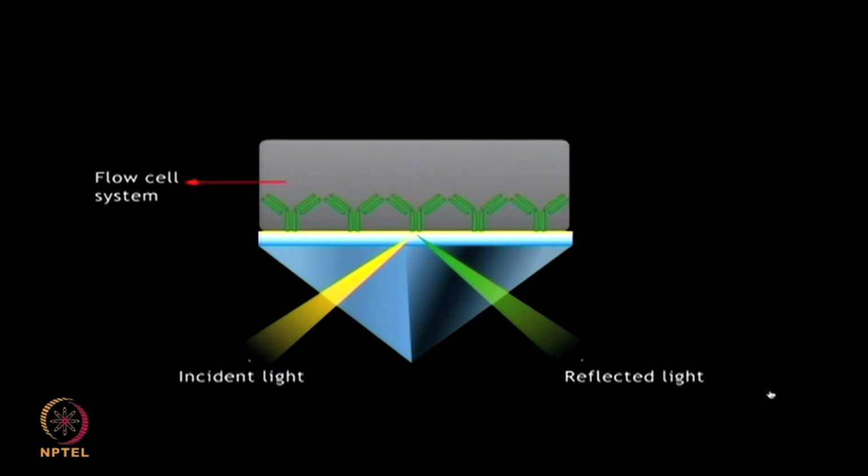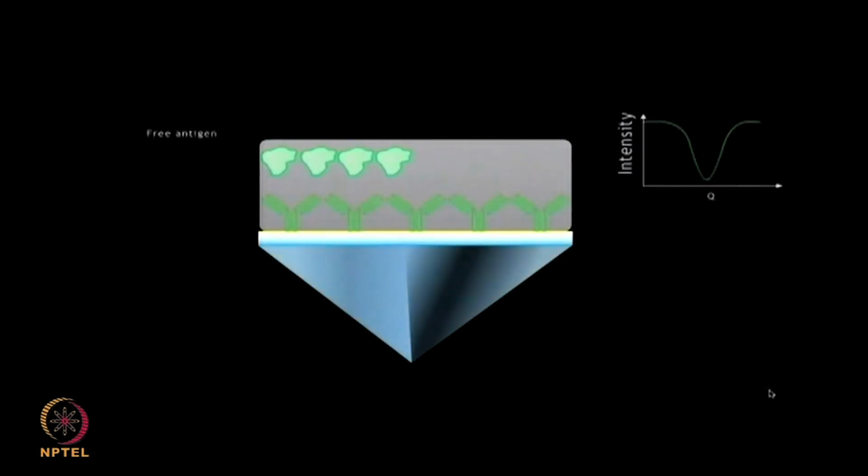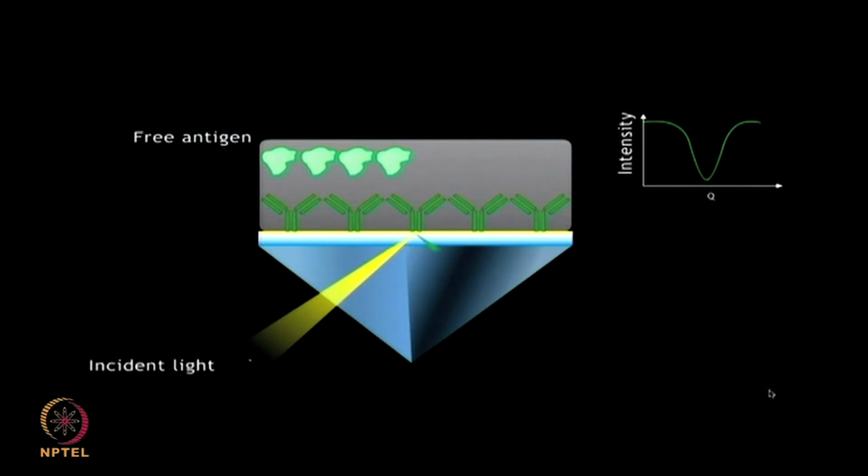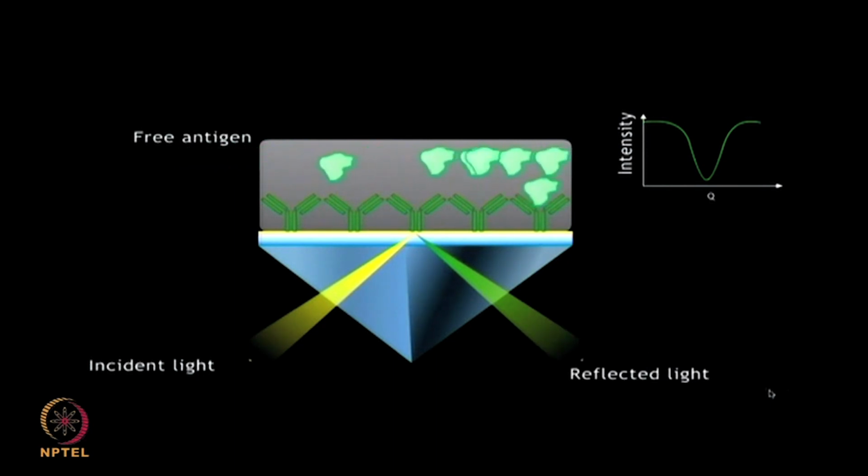In an SPR experiment, the unlabeled free antigens or other query proteins enter via the flow cell and move towards the immobilized antibodies or other test proteins. Initially, there is no change in reflected light.